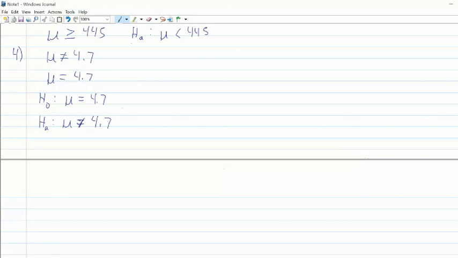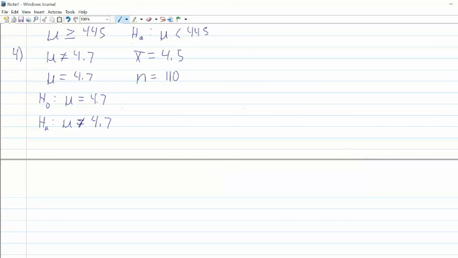All right, so the other values in the problem that are going to be important to us: you're given a sample mean, right? Because in the problem, we had 110 engines with a sample mean of 4.5 psi. So the sample mean is 4.5. The number of engines, your n here, is 110.